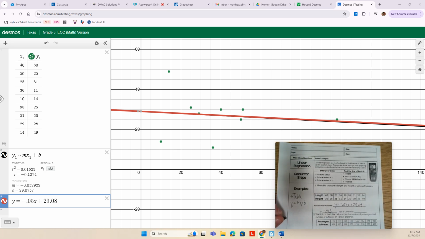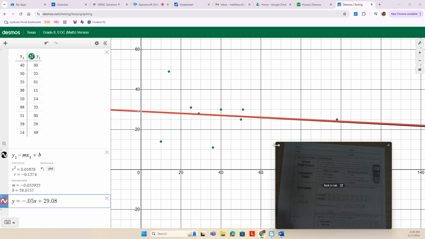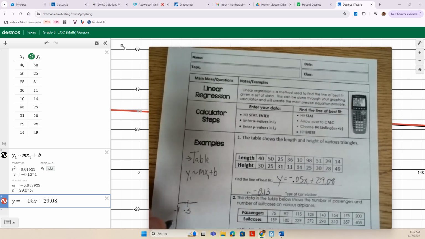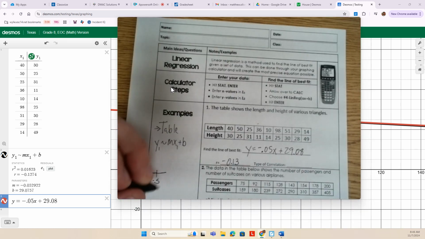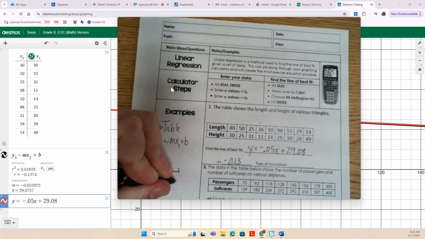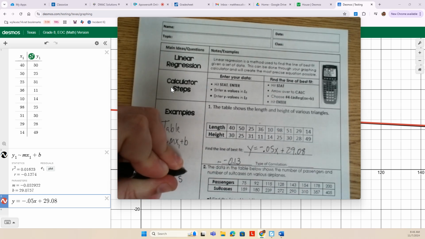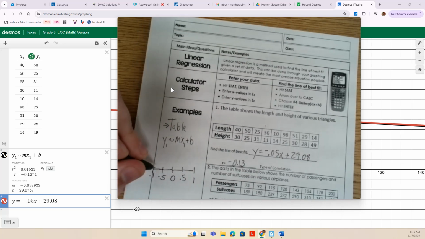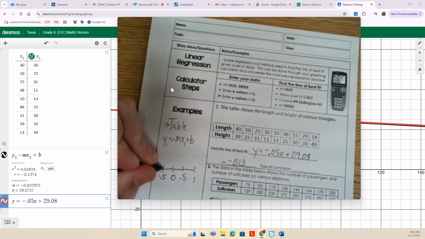Let's do a little chart here: from -1 to -0.5, then -0.5 to 0, from 0 to +0.5, from +0.5 to 1. We'll make this a little larger for you. That gives me 4 different quadrants.